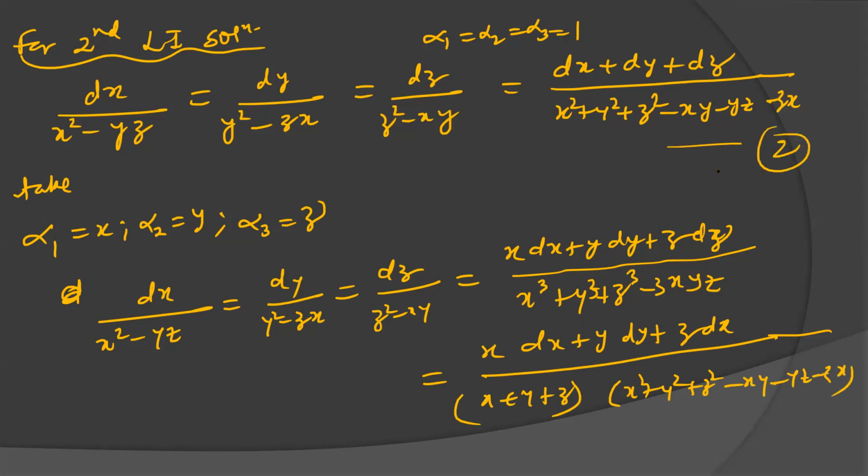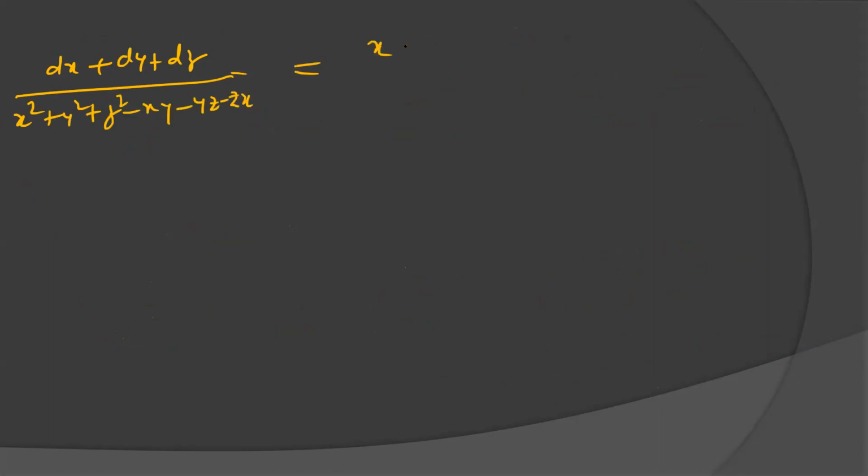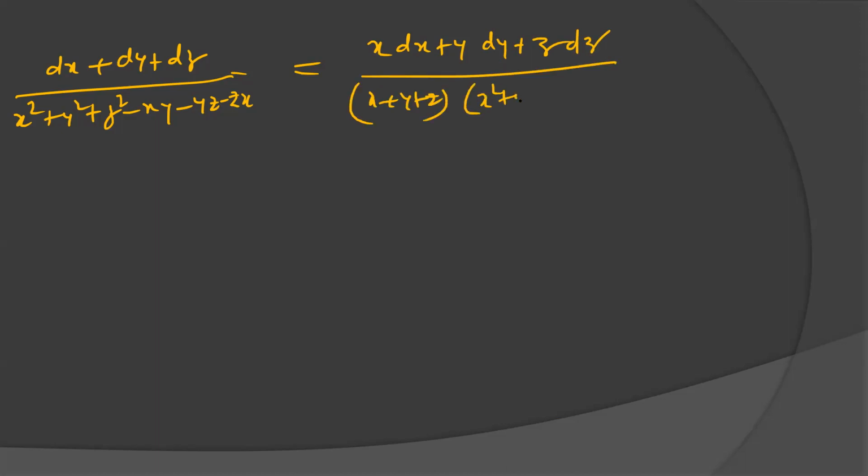Now if you see equations 2 and 3, this denominator is going to be cancelled out. So equate 2 and 3. So dx plus dy plus dz over x square plus y square plus z square minus xy minus yz minus zx equals x dx plus y dy plus z dz over x plus y plus z times x square plus y square plus z square minus xy minus yz minus zx.